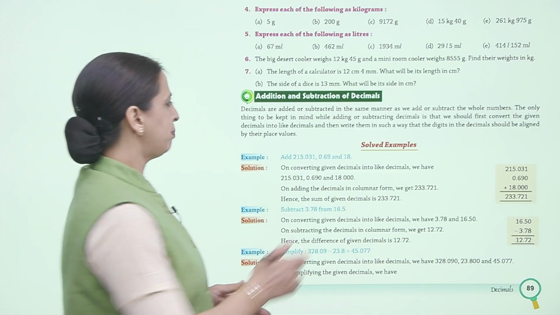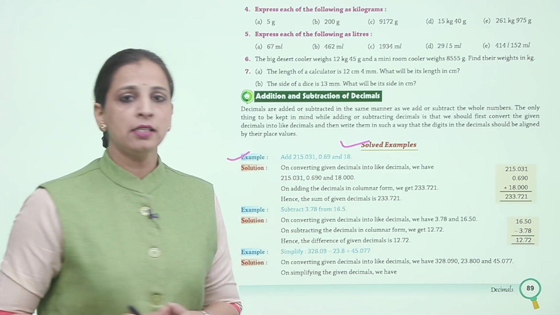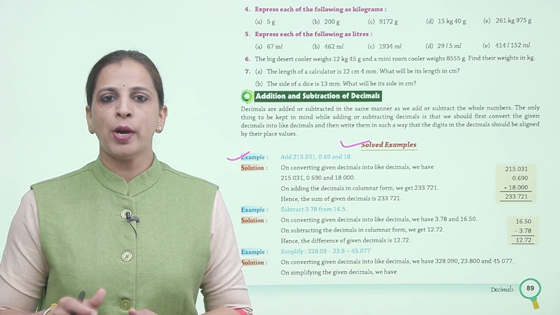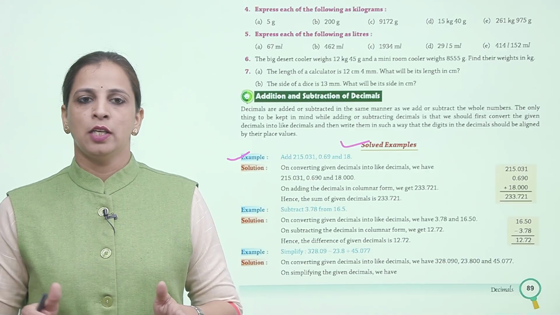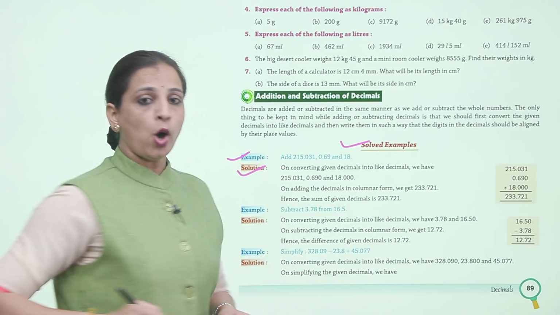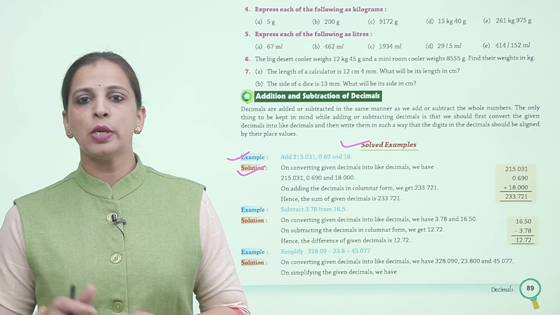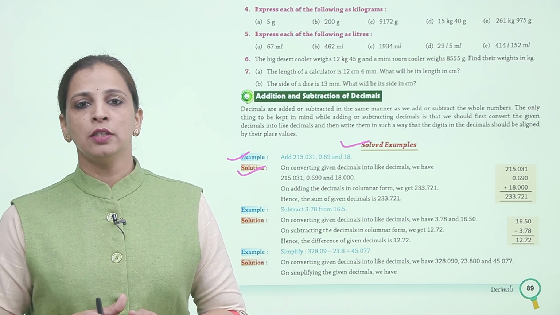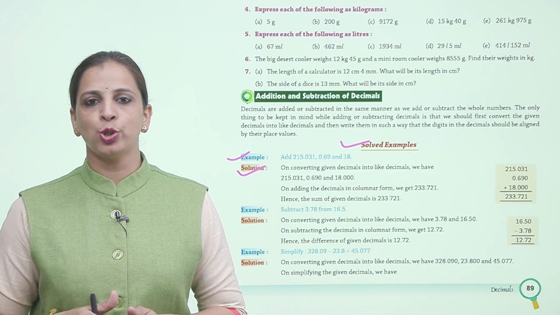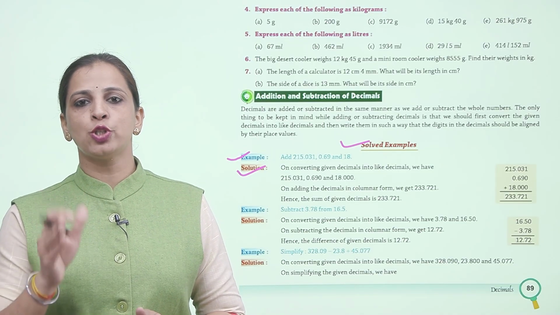Solved examples. Example: add 215.031, 0.69 and 18. Solution: on converting given decimals into like decimals, we have 215.031, 0.690 and 18.000.